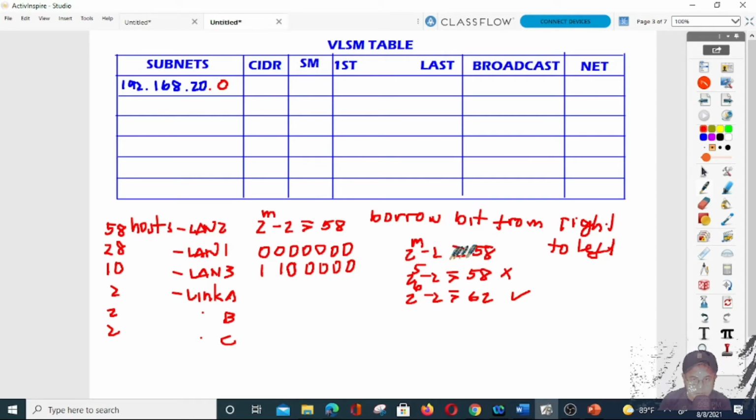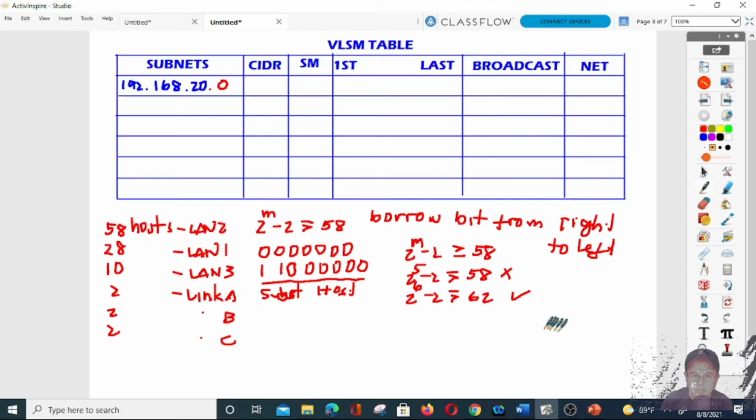It should be greater than or equal to the original number of hosts. Therefore, we need 6 zeros: 1, 2, 3, 4, 5, 6, 7, 8. These 6 will be the host bits, and this is the new subnet.